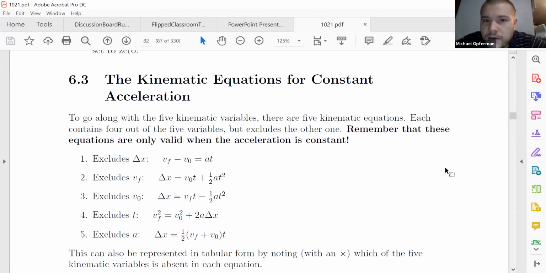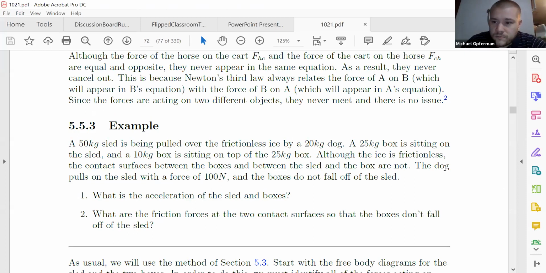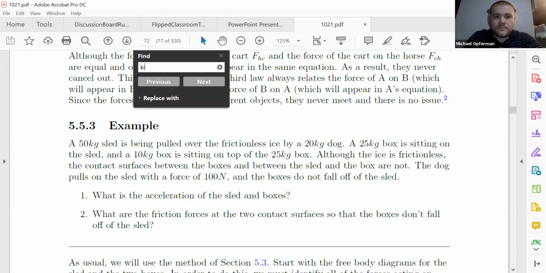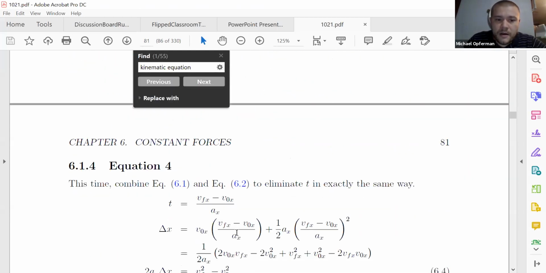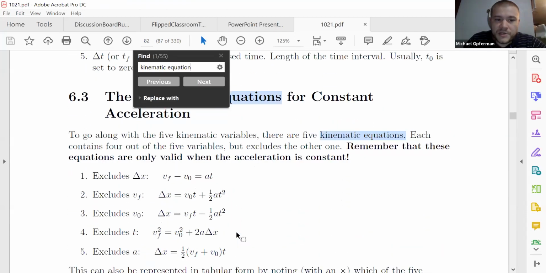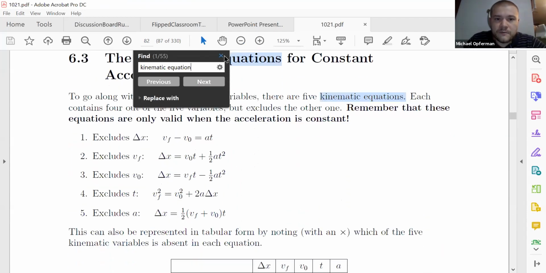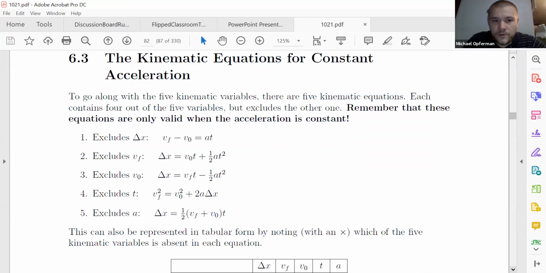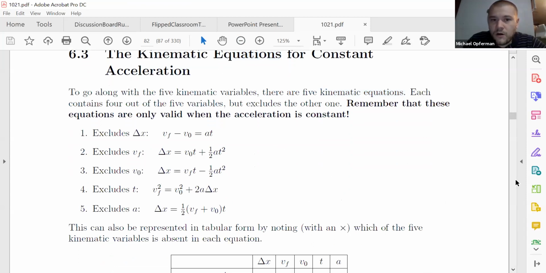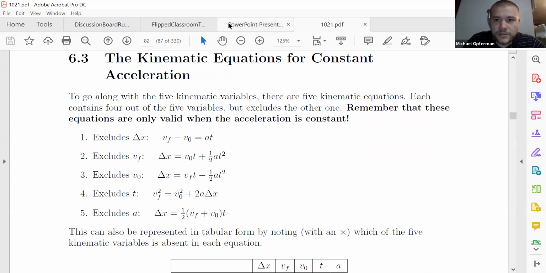So you can generate a total of 5 equations, the 5 that are shown here, which relate an object's position to its velocity and its acceleration. And those are called kinematic equations for constant acceleration.